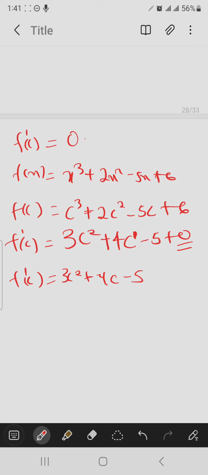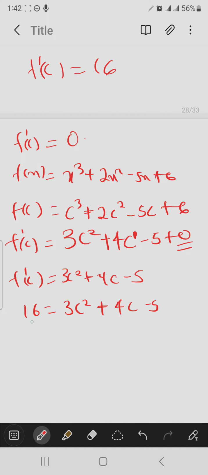But we already calculated f prime of c to be 16. We already calculated f prime of c to be equal to 16 from what we calculated. So it means that 16 will be equal to 3c squared plus 4c minus 5. So now this one turns to a quadratic equation, and we have this 16 to be here.